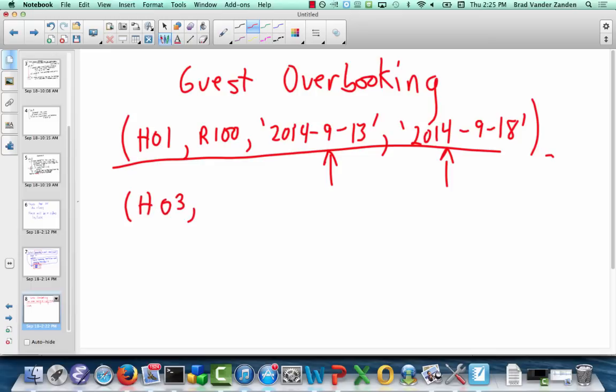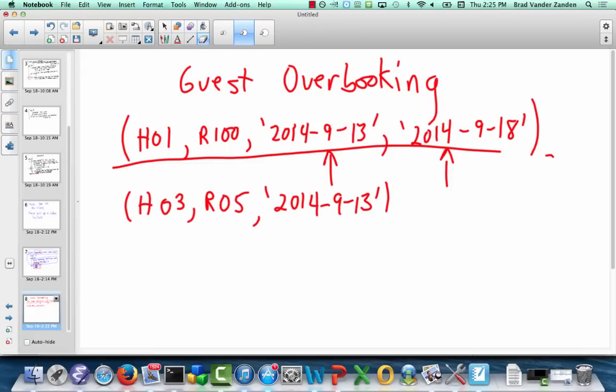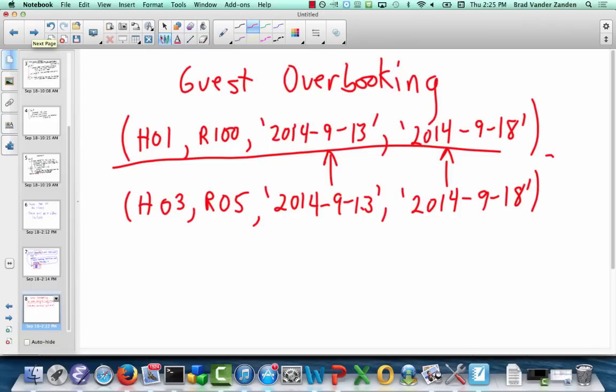But let's say this tuple in this booking is also in there. Okay? Well, that really is an overbooking problem. The guest has checked themselves into 2 different hotels for us at the same time.